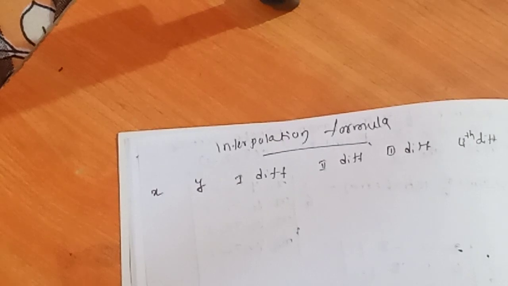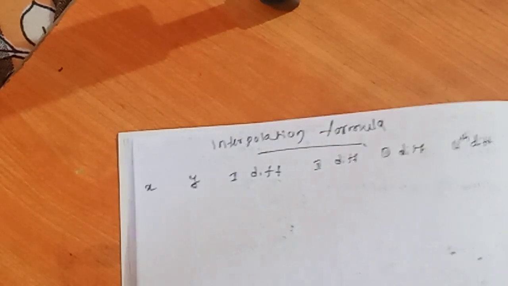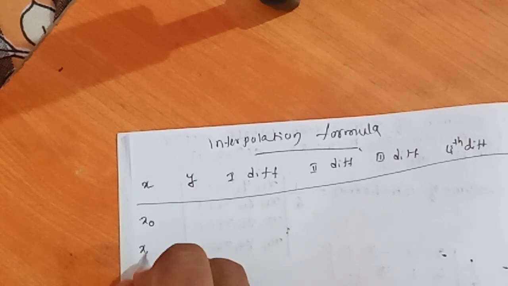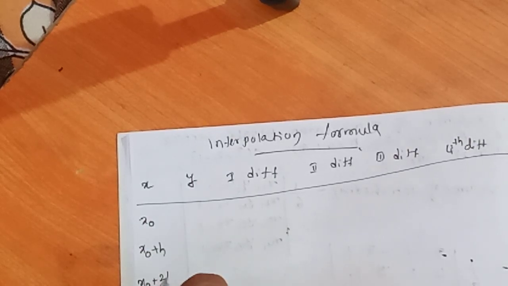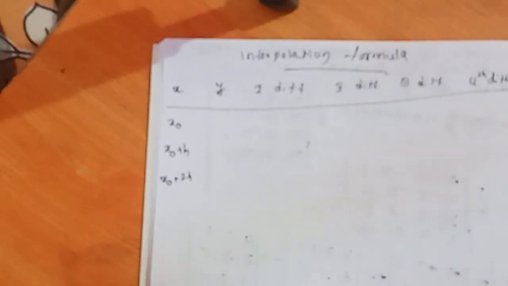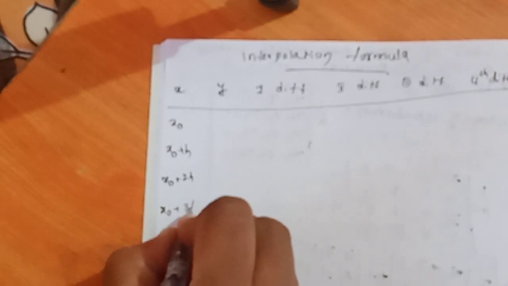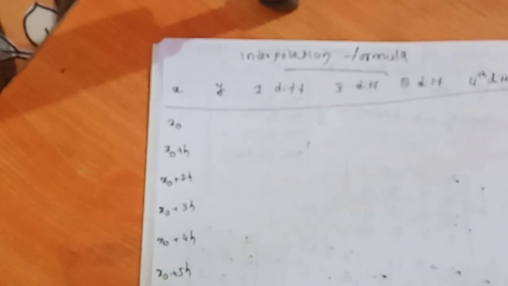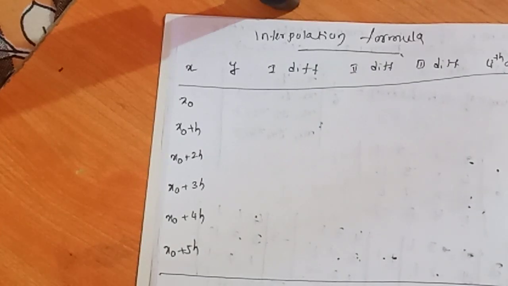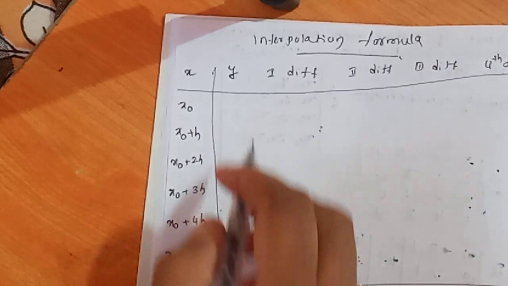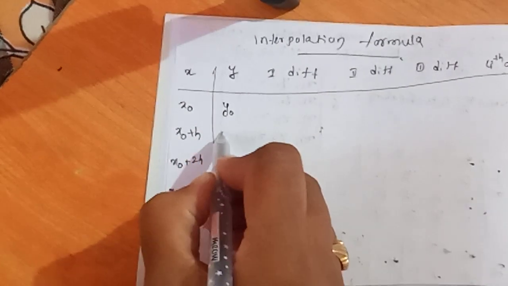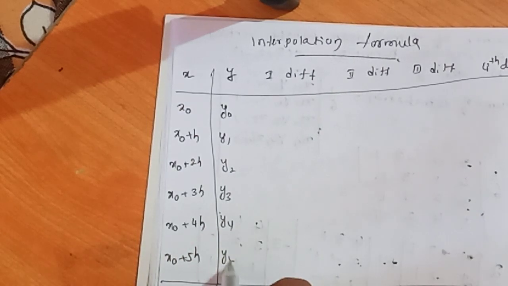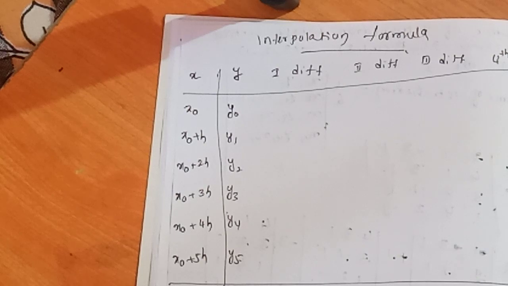Now let us take some x values such as x naught, x naught plus h, x naught plus 2h, x naught plus 3h, x naught plus 4h, x naught plus 5h. In such a way, I took x values. Now, let y values be y naught, y1, y2, y3, y4, y5, the corresponding y values for the x values.